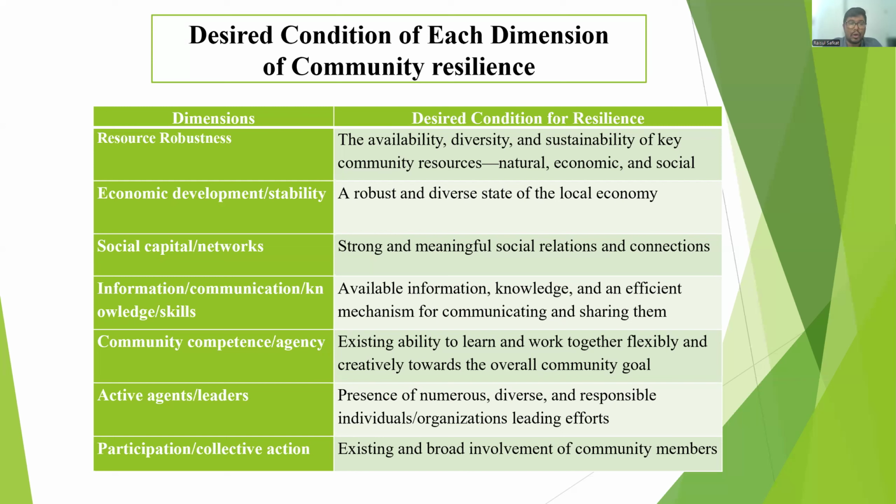How these engage community resilience is a very interesting thing, but in a very short time it is very hard to explain the whole thing. So here we have just put some situations showing how these things contribute to community resilience.